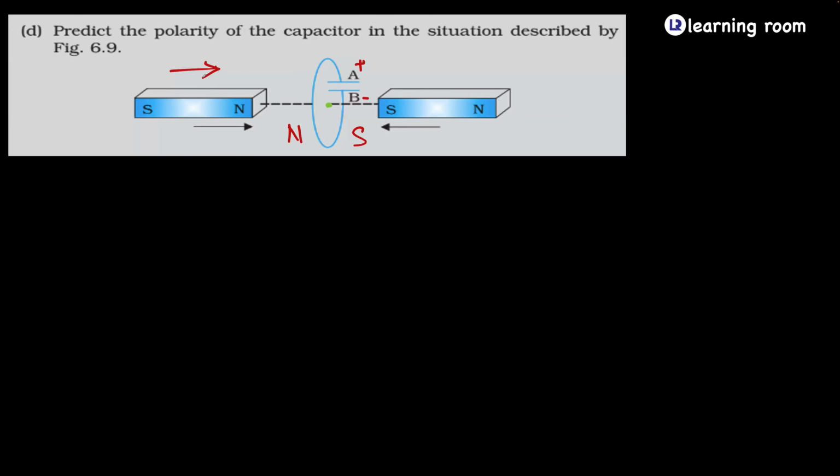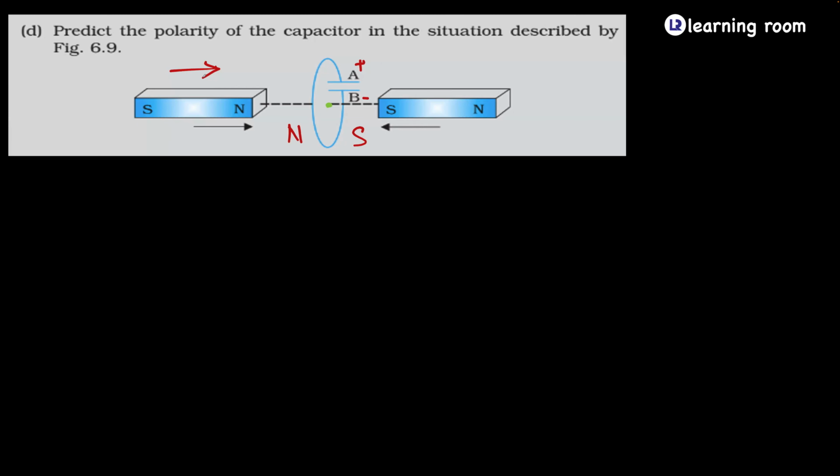Then what would have happened? This will be north. This will also be north. So you cannot decide which direction the current is going to be. So you cannot say how the EMF is induced in the coil. They mostly do not do it. But did you understand? For this kind of thing to happen, one of the sides should be North Pole and the other side should be South Pole, or else the current can never flow in a loop.